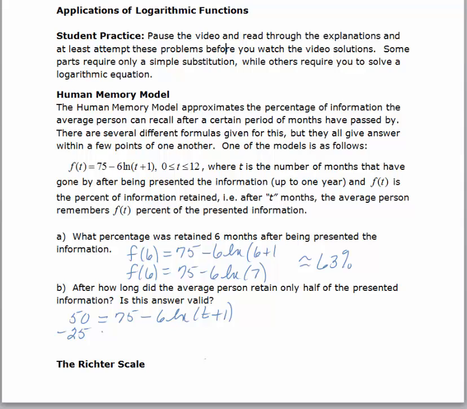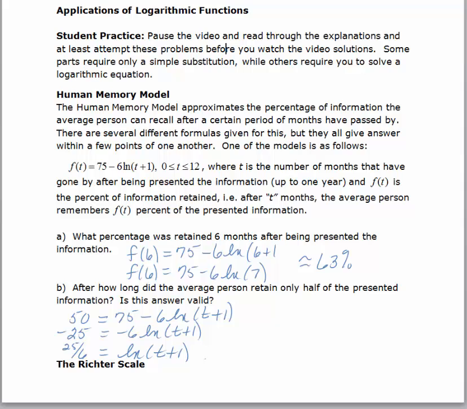We'll get negative 25 equals negative 6 times the natural log of t plus 1. Remember, our goal is to isolate that natural log and get a constant on the other side. When I divide by 6, I get 25 over 6 equals the natural log of t plus 1.